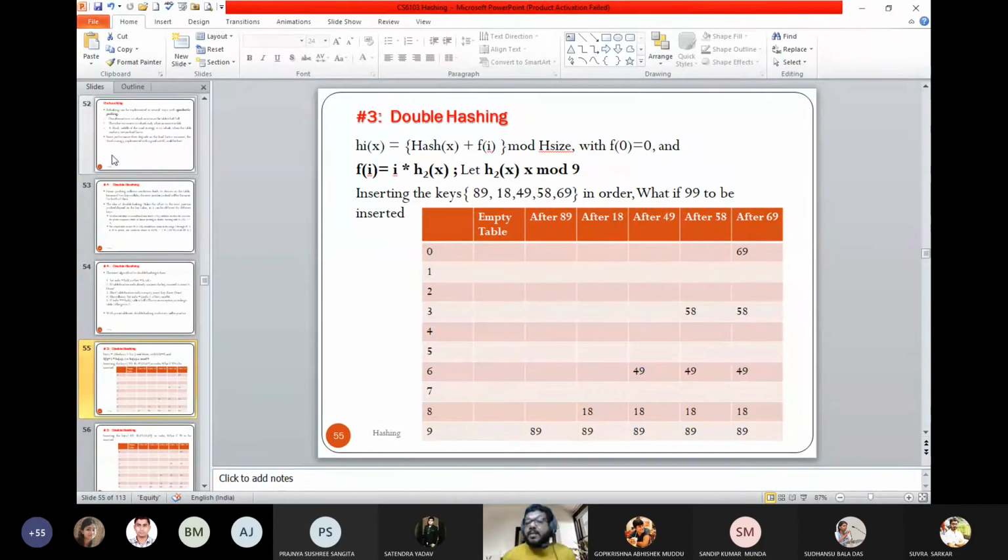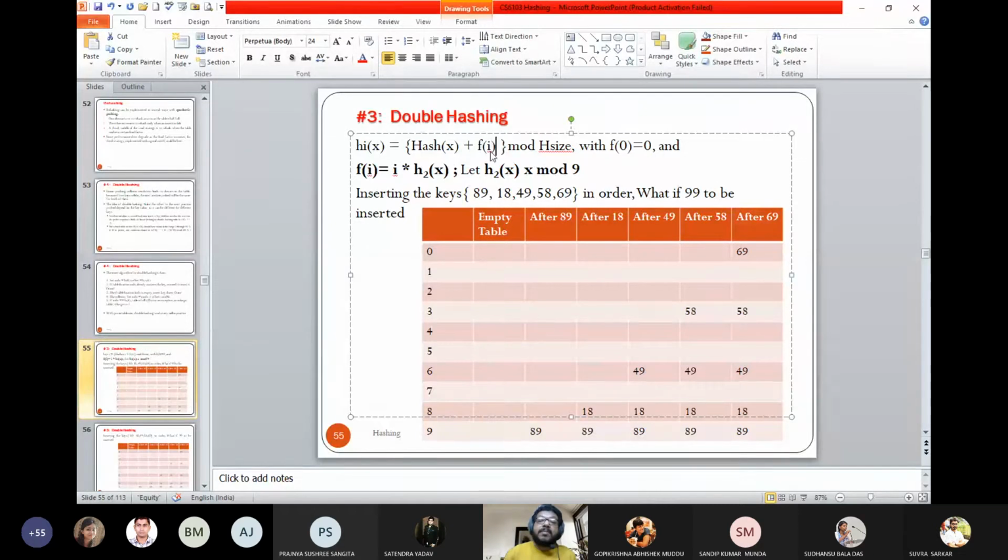In case of linear probing, f of i equals i. In case of quadratic probing, f of i is i square. When we talk about rehashing, it is actually a strategy that may use linear probing or quadratic probing. Now, double hashing is the mechanism where we use another hash function whenever I experience a collision.